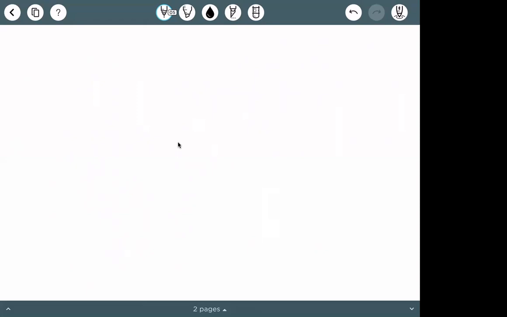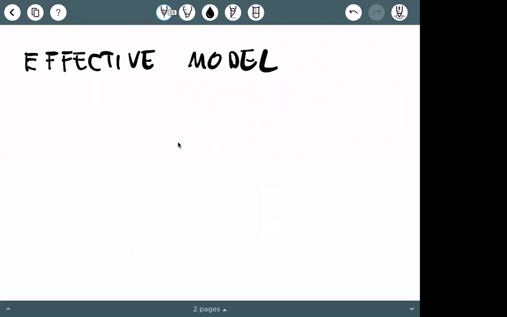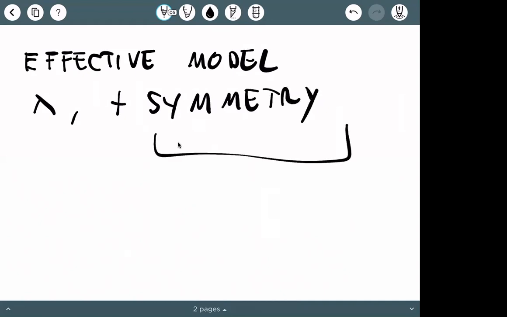So, in other words, to build an effective model, you need basically lambda plus symmetry. In many cases, chances are you can detect those symmetries at low energy. Not always, like you correctly point out.